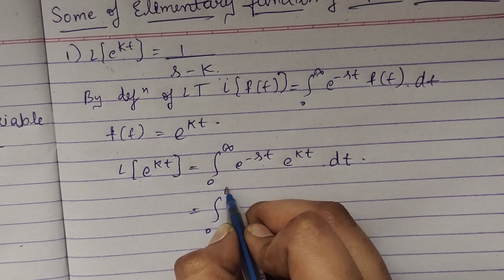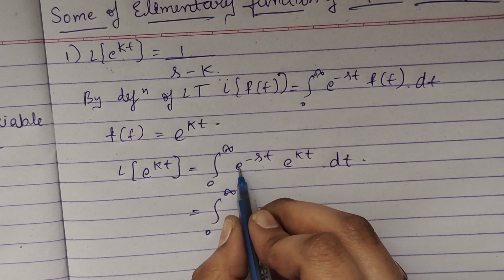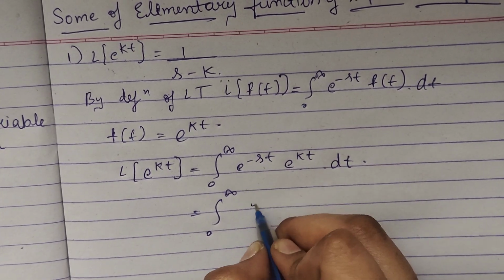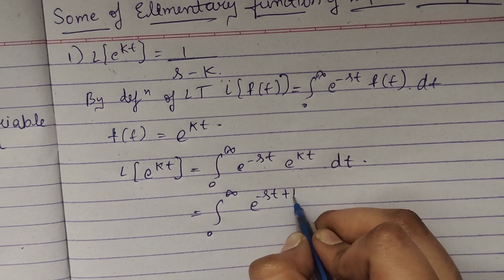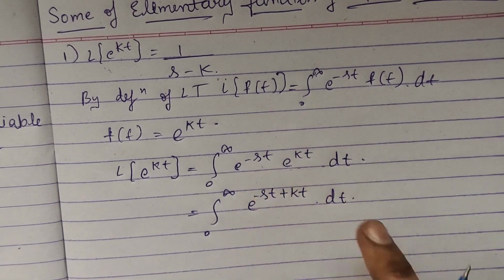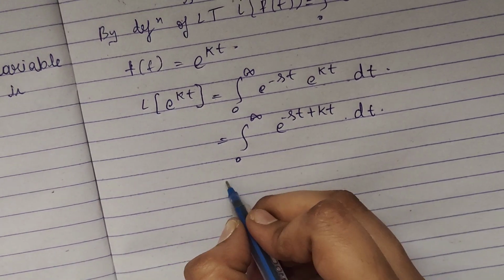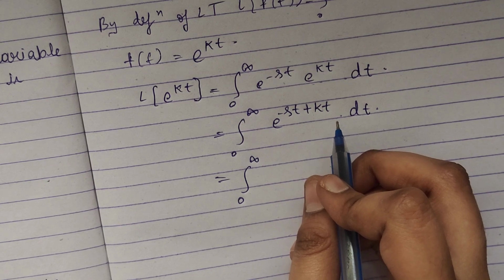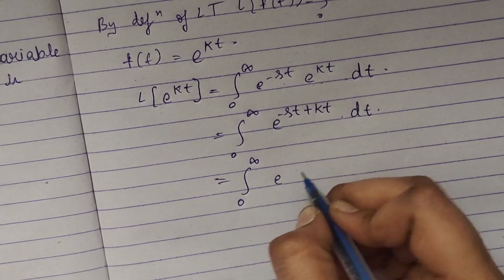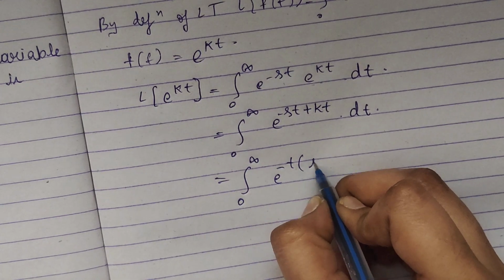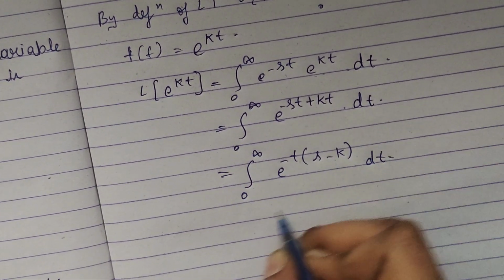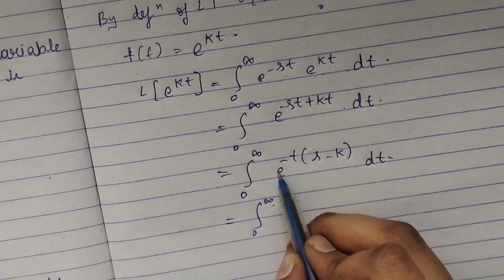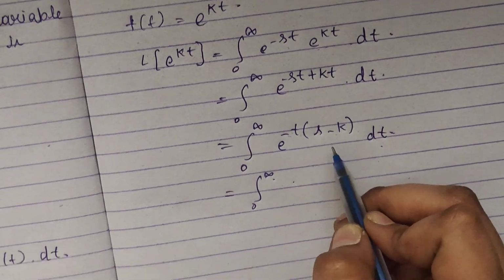Here the exponential base is the same, so we have to add the powers. So e power minus st plus kt dt, that is the rule. Next, integration over 0 to infinity, here we take minus t common, then we get s minus k, dt. Then we have to integrate with respect to t.